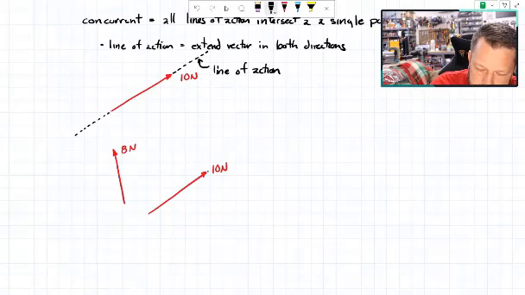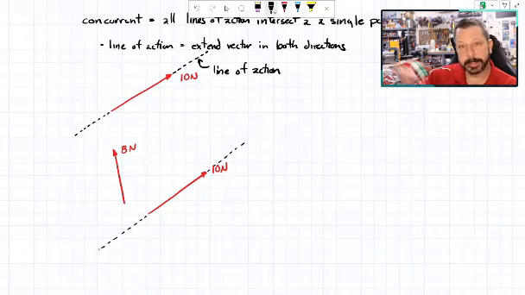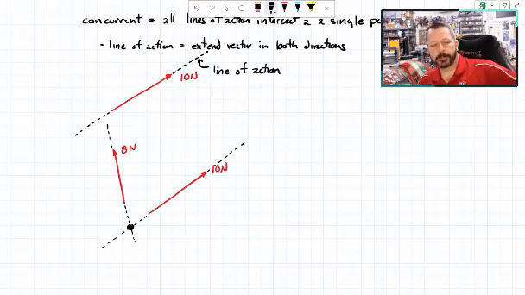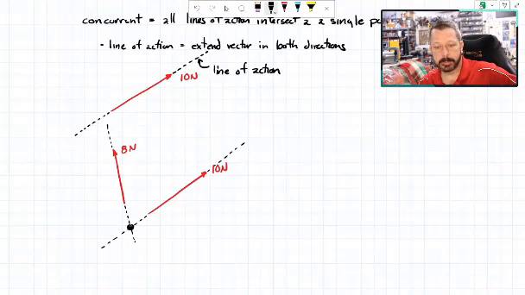The line of action for this one goes out here indefinitely. The 8 Newton goes out this way and this way. This point is where the 8 Newton and the 10 Newton lines of action intersect. So both of my forces intersect at a single point. So the 8 and 10 are concurrent, at least at that point where they intersect.